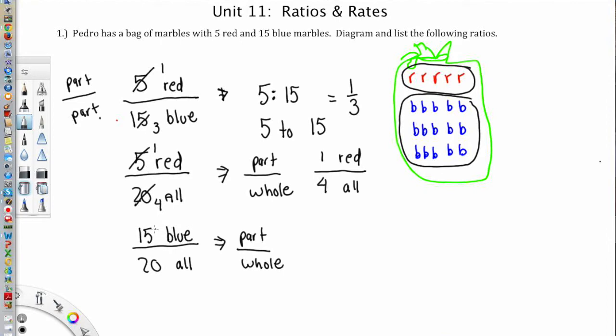And we can reduce this. 5 goes into 15 3 times. 5 goes into 20 4 times. I'm just looking for a common factor and factoring it out. So this would be equal to 3, there's 3 blue marbles for every 4 marbles overall. Okay, and there we have our ratios and our diagram.